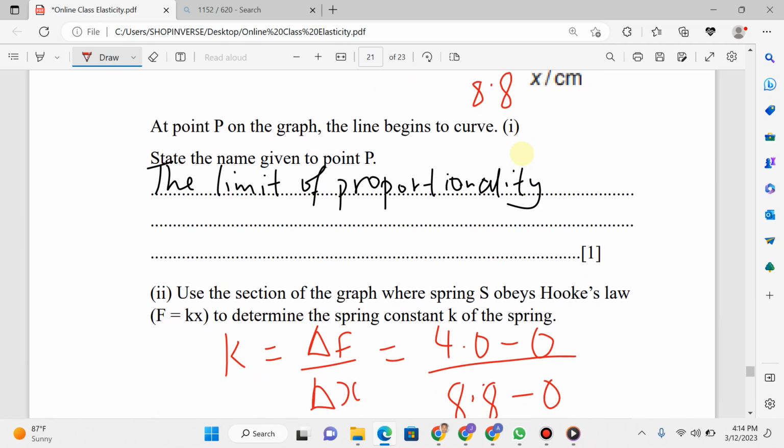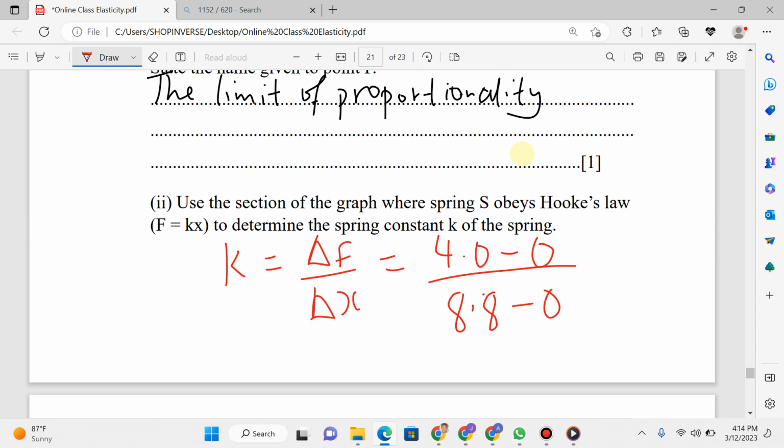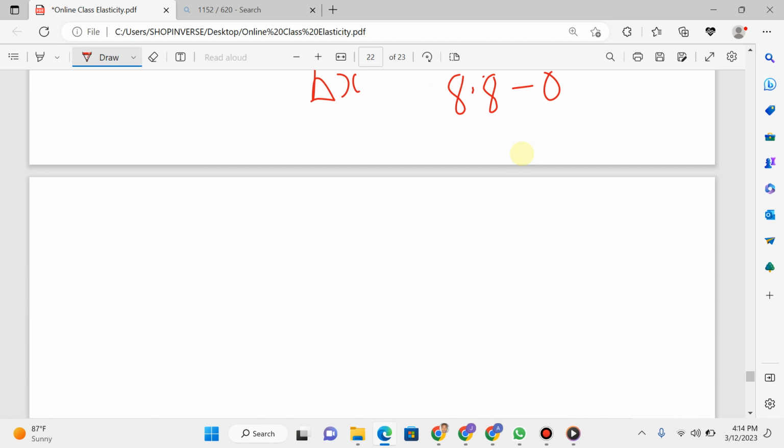So we have 4.0 minus 0 divided by 8.8 minus 0. Hence, k is equal to 4 divided by 8.8.